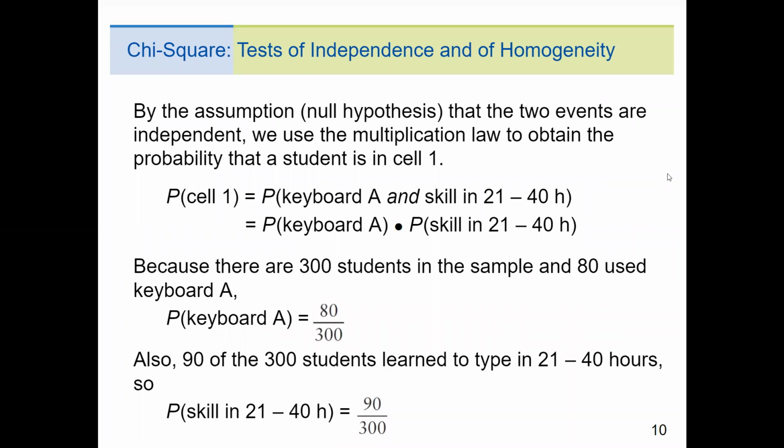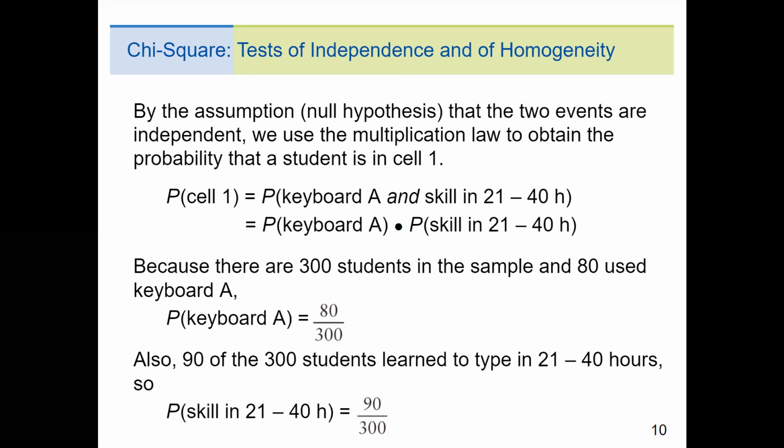By the null hypothesis that the two events are independent, we use the multiplication law to obtain the probability that a student is in cell 1. Probability of cell 1 equals the probability of keyboard A and skill in 21 to 40 hours. So probability of keyboard A times probability of skill in 21 to 40 hours.